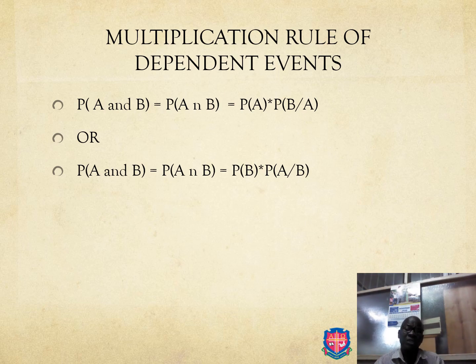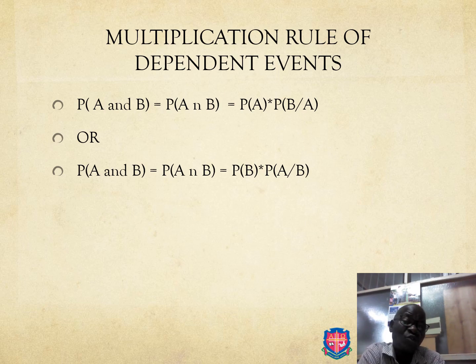I want you to take a note that when you use probability of A, you multiply it by the probability of B given A, meaning the probability of B happening provided A happened first. And if you have used probability of B, you multiply it by the probability of A happening provided that event B happened first.